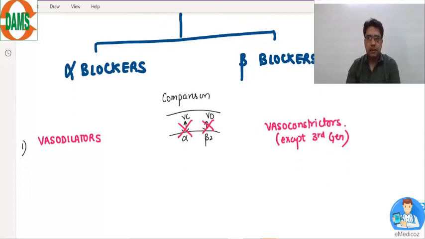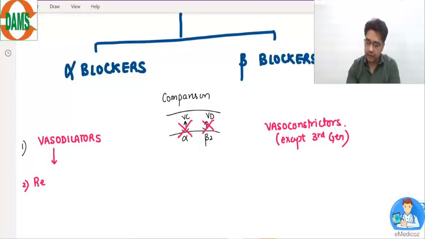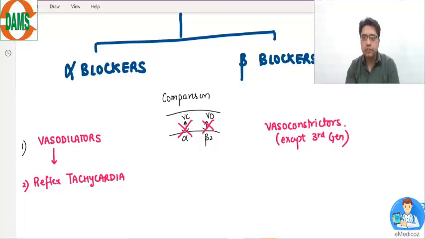Second point, if you dilate blood vessel, it will lead to reflex bradycardia or tachycardia. Tell me if you remember your yesterday's class. It will lead to reflex tachycardia. So alpha blockers produce reflex tachycardia because of vasodilation.